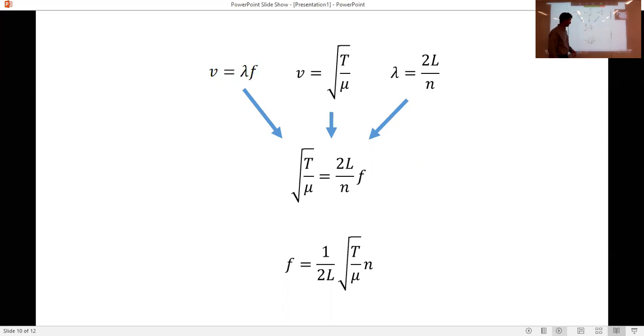In the second part, instead of changing the tension and doing tension as a function of n, we're going to do frequency as a function of n. We're going to change the frequency while holding the tension fixed and look at this slope and find out what mu is from that.